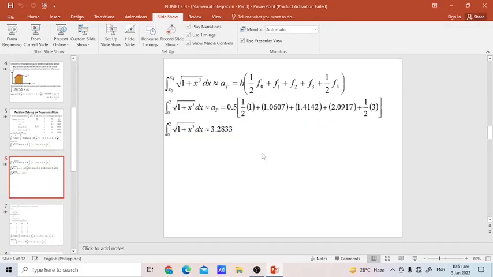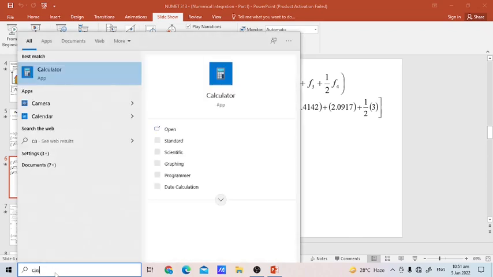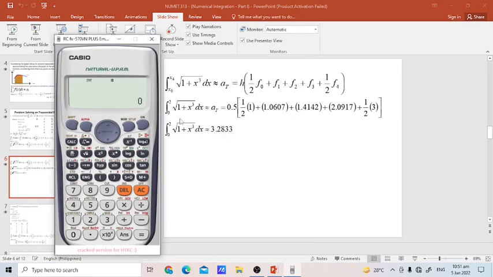So let's check using our calculator. So we have mode 1.